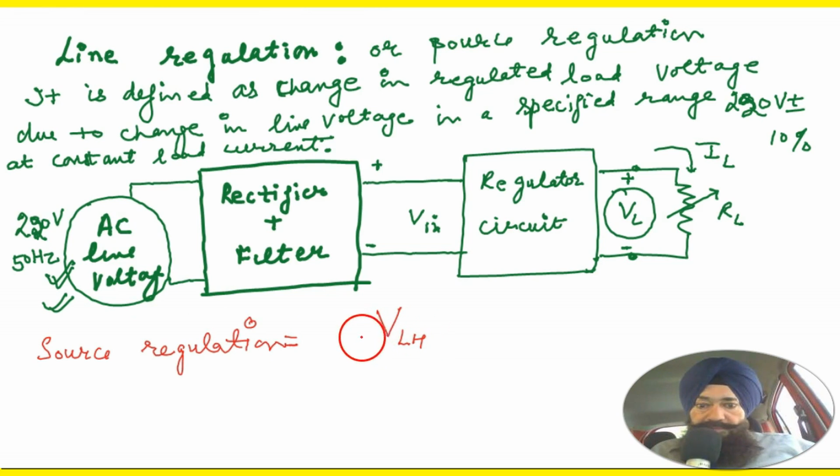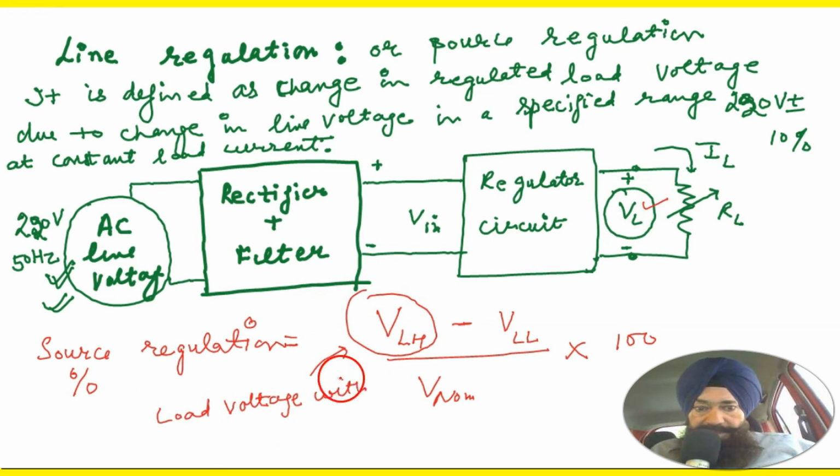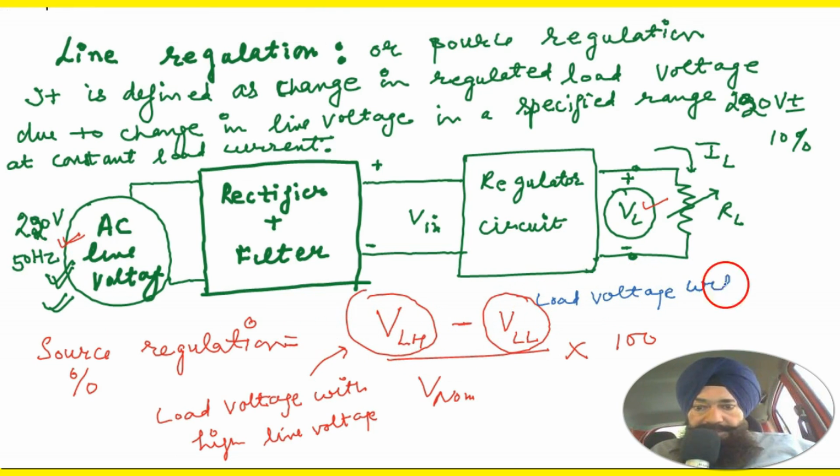So what is the source voltage regulation? Source regulation is VLH minus VLL upon V normal. VLH means load voltage with high line voltage. VLL means load voltage with low line voltage.